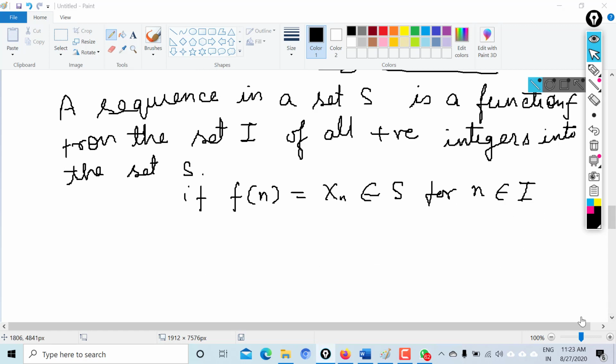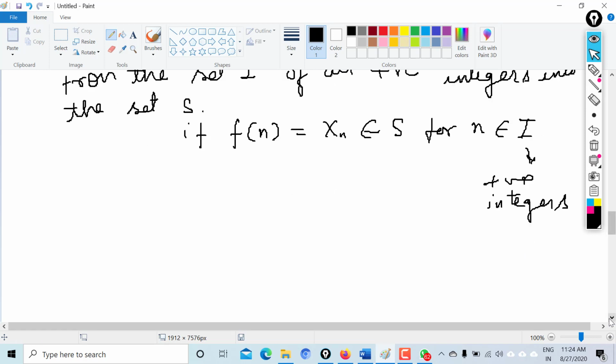The number n belongs to I, the set of positive integers. So this is the definition of a sequence.